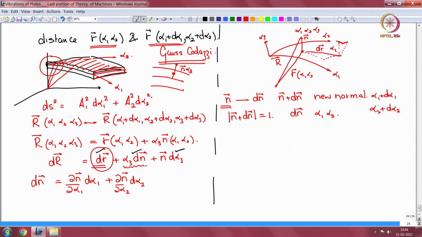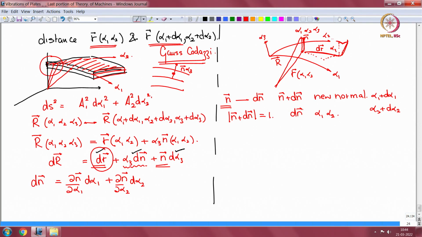Okay. So, this dr plus that is alpha 3 dn. Then further I do original n bar d alpha 3. So, original n bar is this direction. I do d alpha 3 in a small amount. Okay.